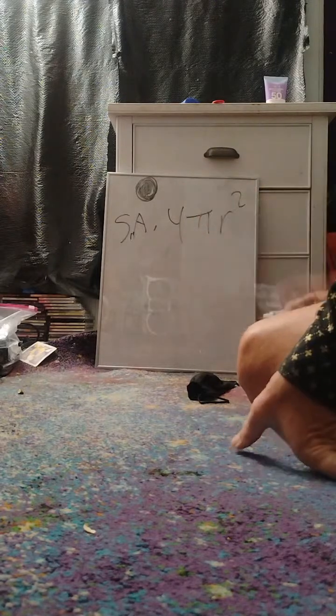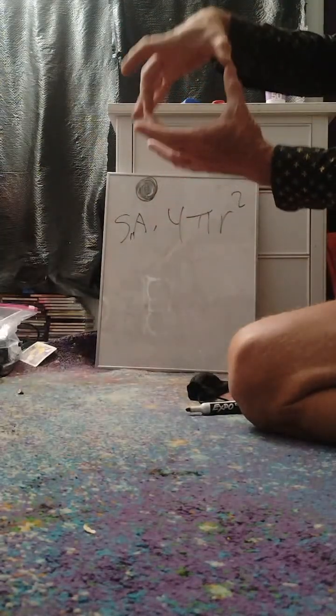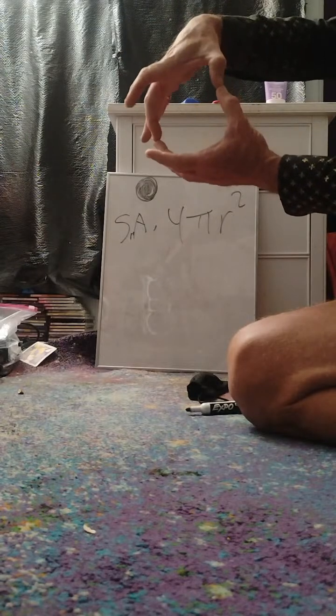That just is. I'm not sure why, but if I have a flat surface area, it takes 4 of those to make the surface area. I should say area of a circle. It takes 4 of those to make the surface area of a sphere of the same radius.